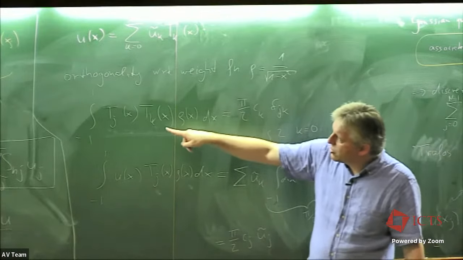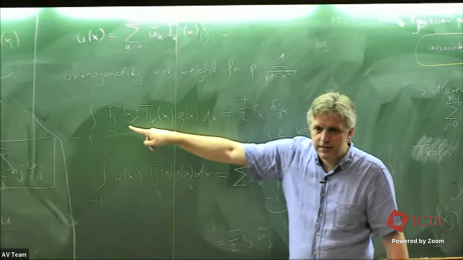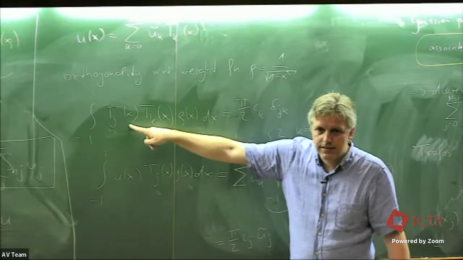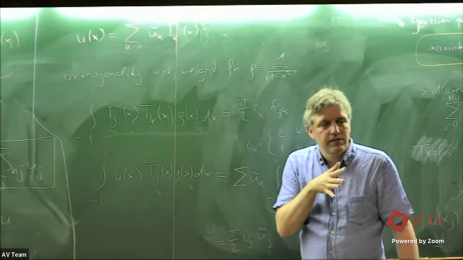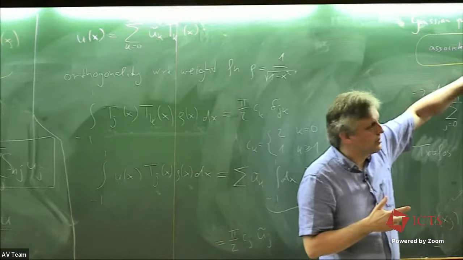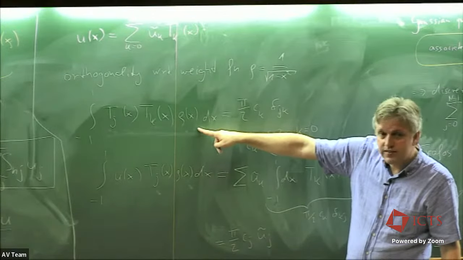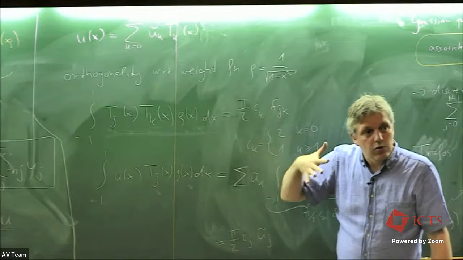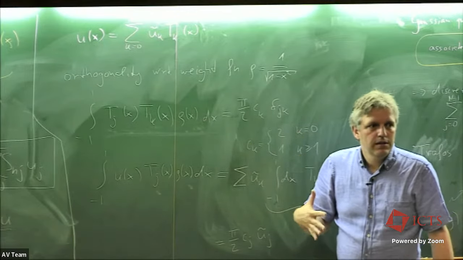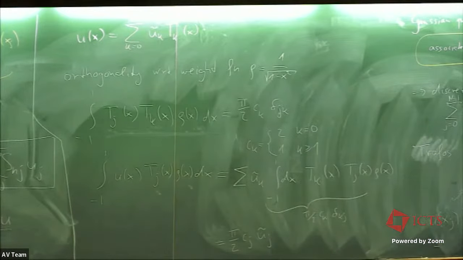Because each of the Chebyshev polynomials is at max order n, this thing here is at most a polynomial of order 2n. So if one is choosing the right Gaussian points, then we can evaluate this continuous integral without making any error at all. And that way we arrive at the discrete orthogonality relation without any error at all. So this mapping depends on having the right points.